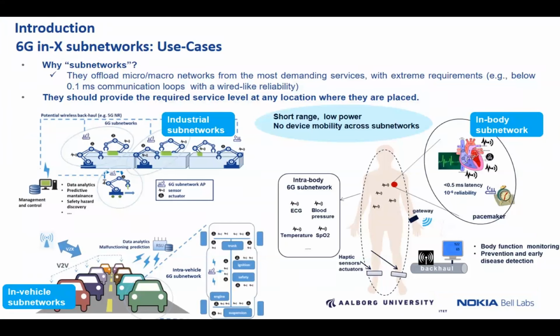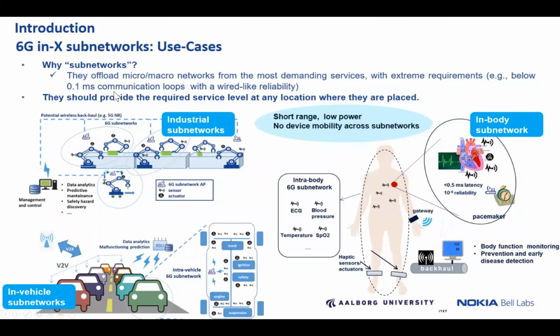To start with, I would like to mention that the term subnetworks here is used to refer to low power, short range cells, which are expected to offload demanding services with extreme requirements.